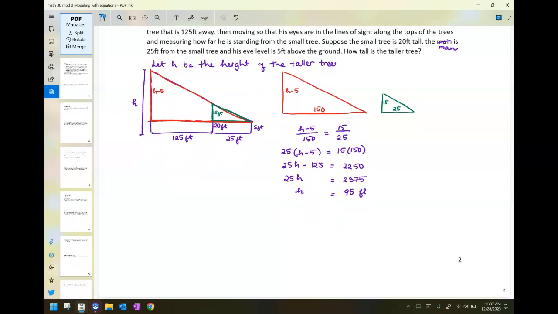So then the height of the taller tree is 95 feet.